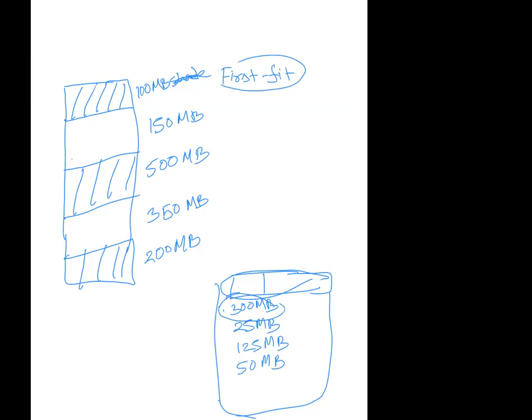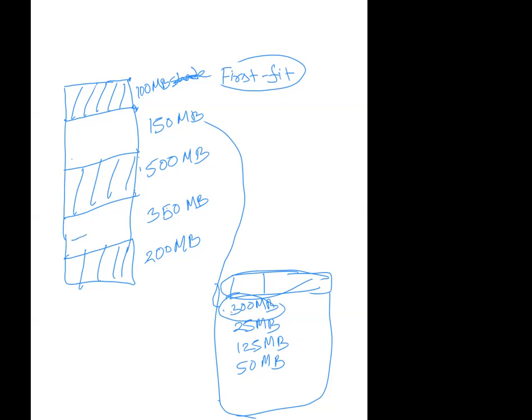Now 300 MB comes into the RAM. It tries to allocate inside the RAM, and it will start from the beginning, first fit, and then search in here. This is 150 MB is backend, so it is not good enough to fit the 300 MB. So it keeps going on, and then here it comes. Okay, this is 350, so 350 is good enough for this process.